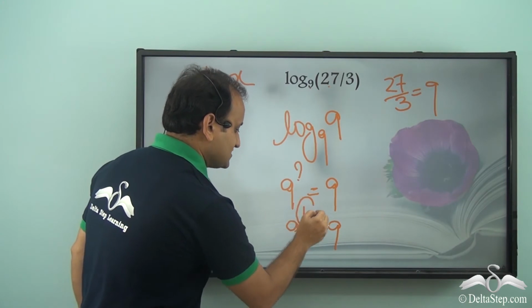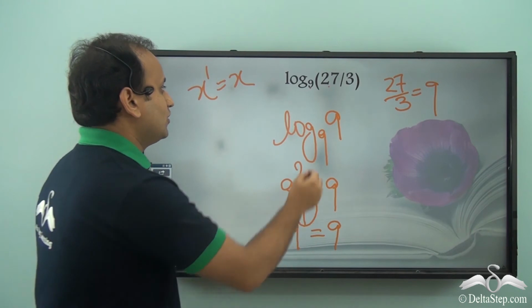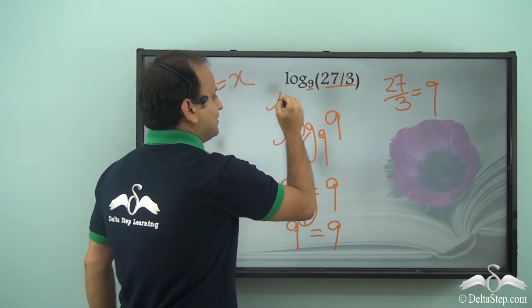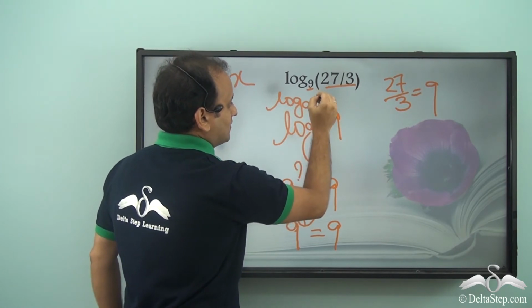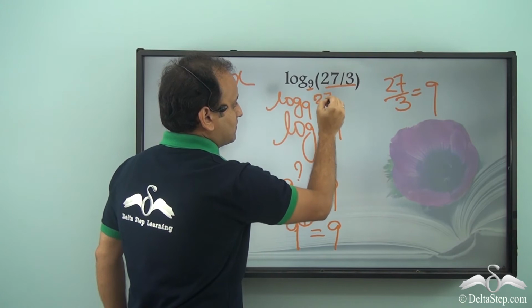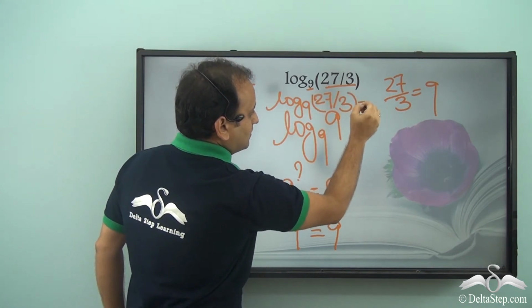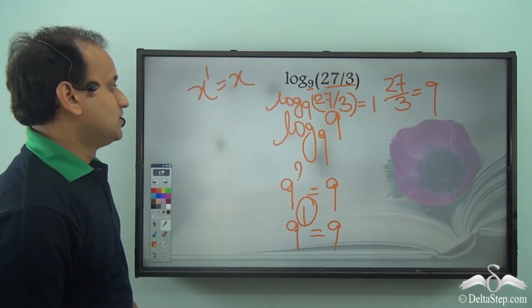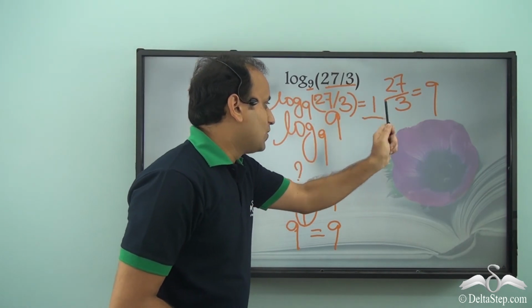So here the exponent is 1, and that's what we solve in logarithms. So log of 27 by 3 to the base 9 will be equal to 1. So you saw that after solving this, he got the answer as 1.